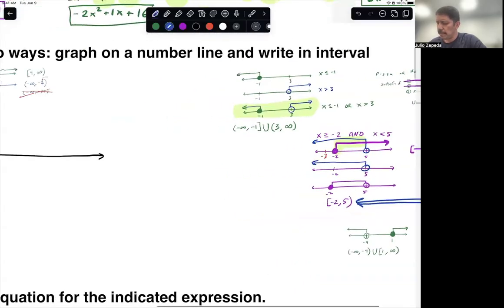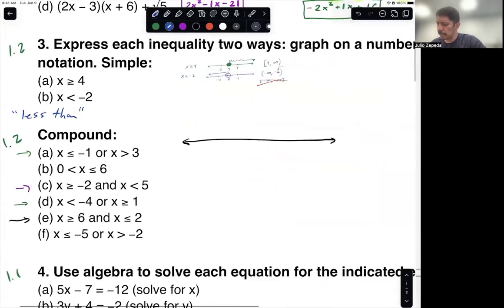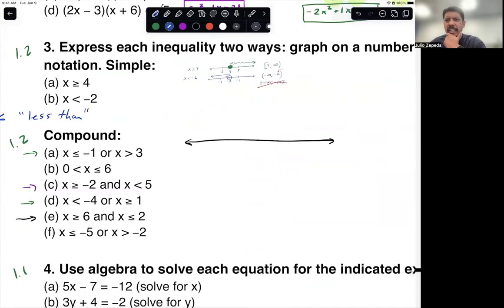Okay, so the reason I say that is because for this next problem, let's go ahead and take a look at it in a couple different pieces here. X is greater than or equal to 6. So we'll put 6 here. X is greater than or equal to will be a closed circle and to the right.